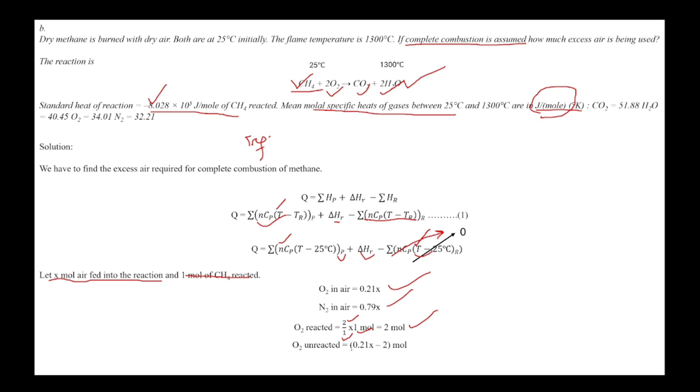O2 unreacted is O2 fed minus O2 reacted, so 0.21x minus 2. This amount is on the product side. Now CO2 formed is 1 mole, because CH4 reacted is 1 mole, using the stoichiometric coefficient of CO2 over that of CH4 times moles of CH4 reacted. Similarly, H2O formed is 2 moles.